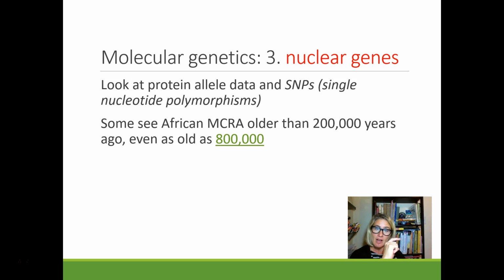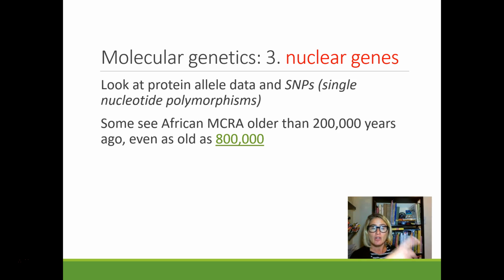The sequence of DNA bases that code for a protein, that's a gene, and an allele is a version of a gene. They also look at something called SNPs, single nucleotide polymorphisms. So they'll look at places where individuals differ by one single base.